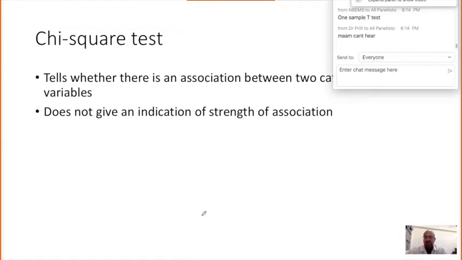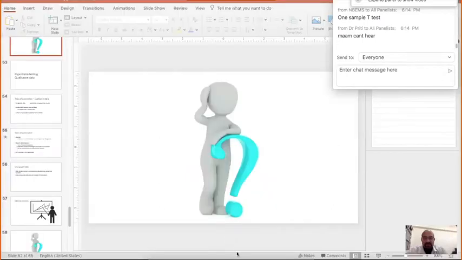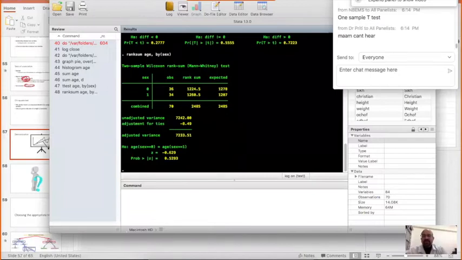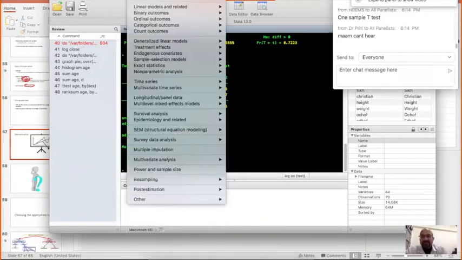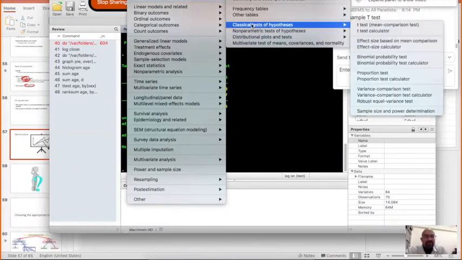And again, let me try and show you on the demo, and let's see what happens. Again, it's not very difficult. Let's see, I want to see the statistics, summary tables.